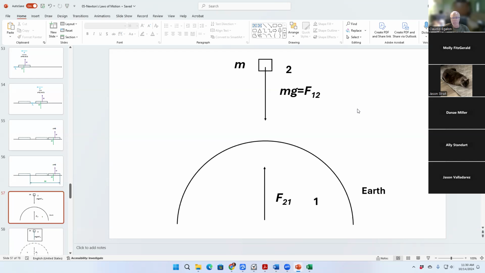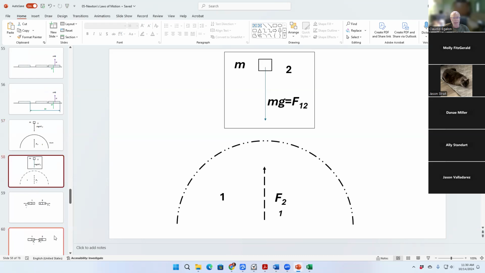We can do free body diagrams, and that's what we have right here. We have a free body diagram in which I'm considering only the smaller mass, number 2, and we are ignoring the Earth. That's why I put a dashed force here.